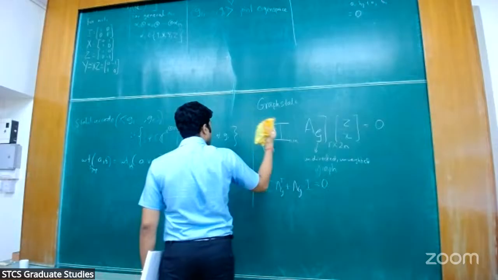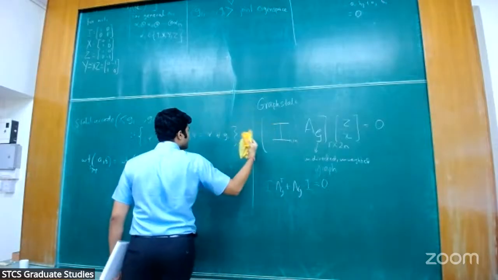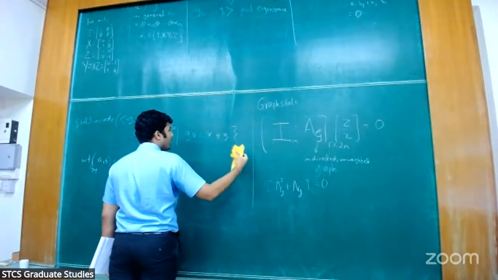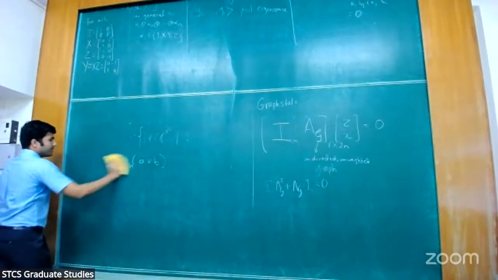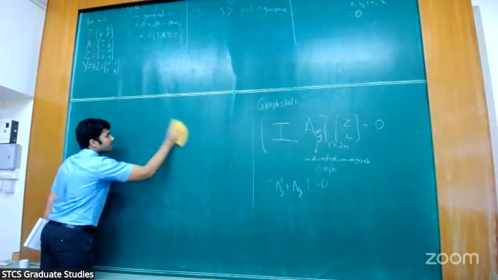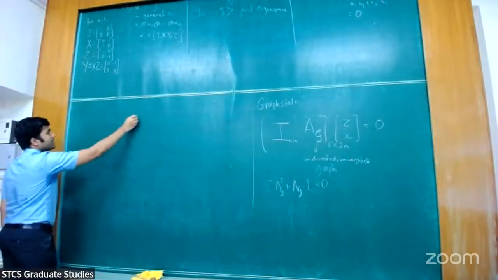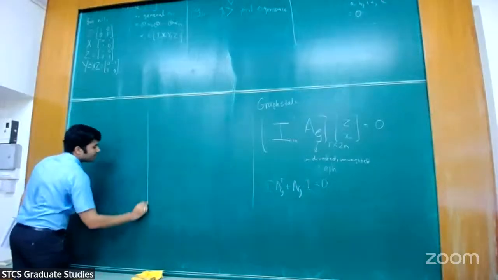Now we can talk about the graph state distance. Let me write it over here.